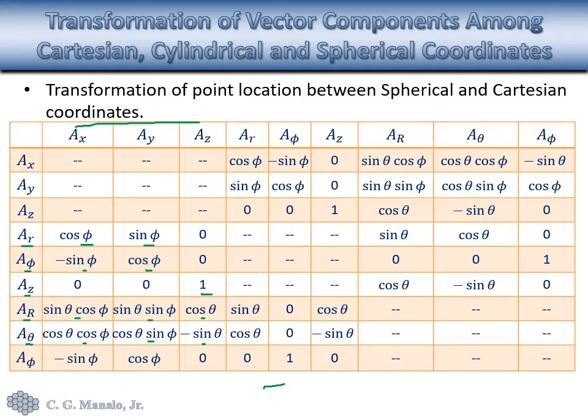And to get a sub phi, that would be minus a sub x sine phi plus a sub y cosine phi. So this table is a very convenient table in facilitating the transformation process.